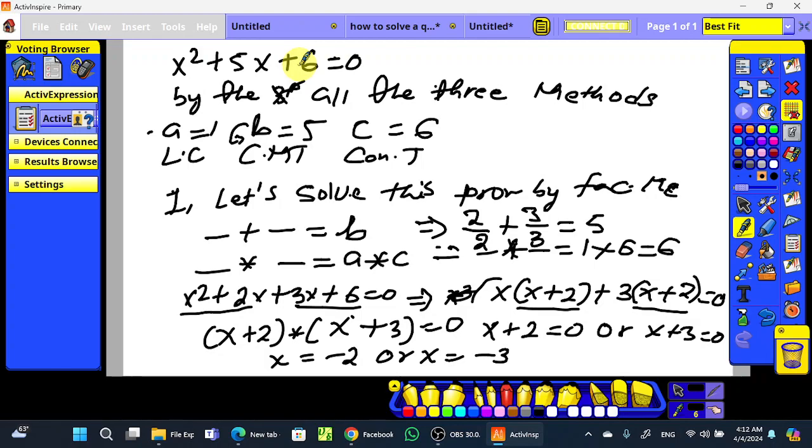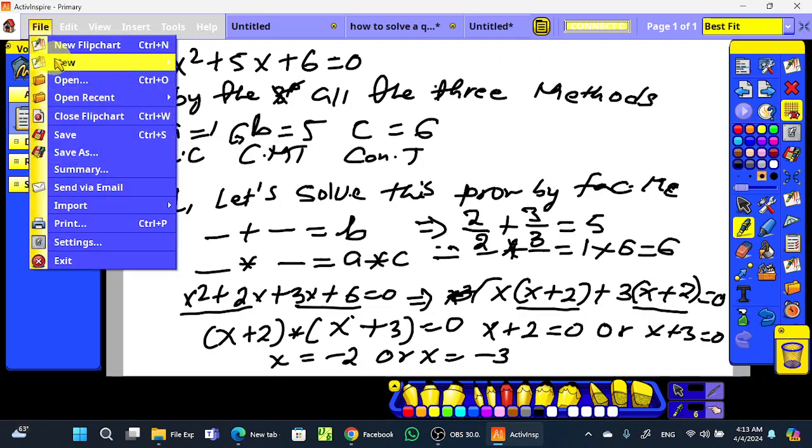The numbers were 2 and 3, and the solution set of this equation is minus 2 and minus 3. So remember this point. It helps us decide which method to use and when, and it saves you time.